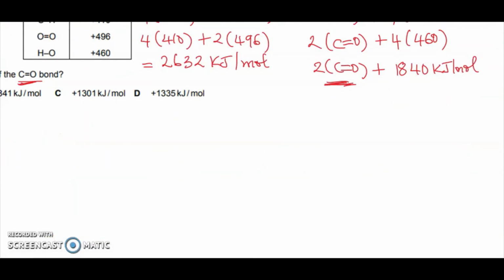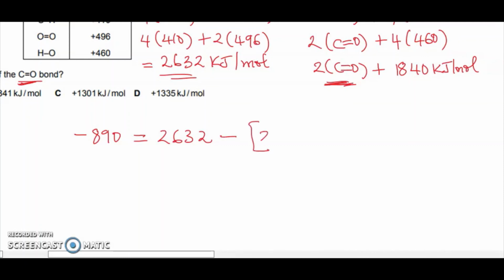Since we have our value already, we're going to have negative 890. It will be equal to the value for bond breaking, remember, this is the value for bond breaking, 2632, minus bond making. And for bond making, we have this, 2 CO plus 1840.